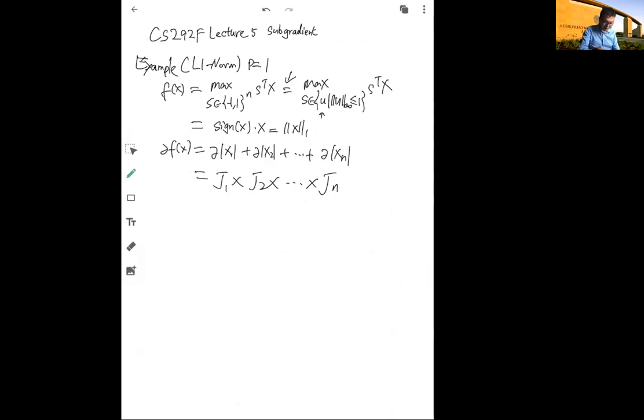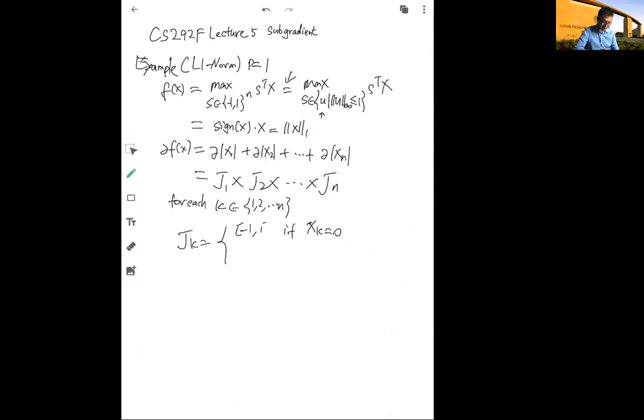So we'll discuss several cases. For each k, if xk is equal to 0, what does it mean? It says that the k-th coordinate's subgradient can be anything from -1 to 1, because it doesn't matter what number we take, since it's multiplied with 0.